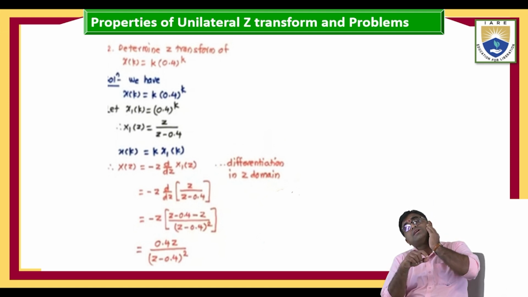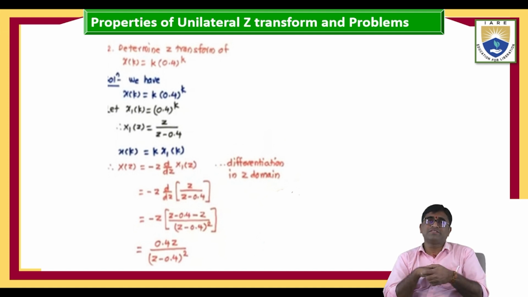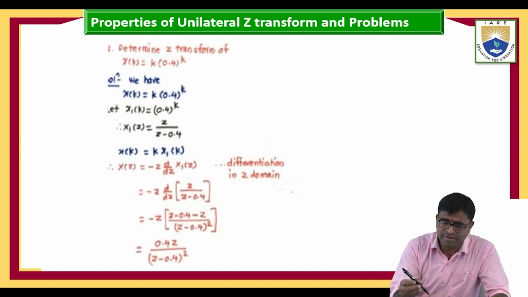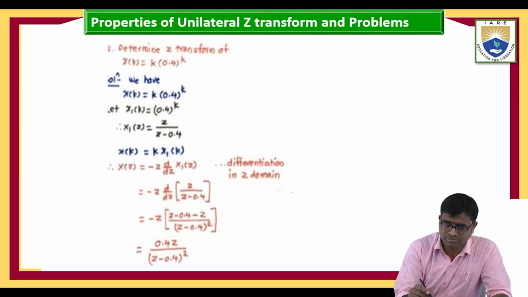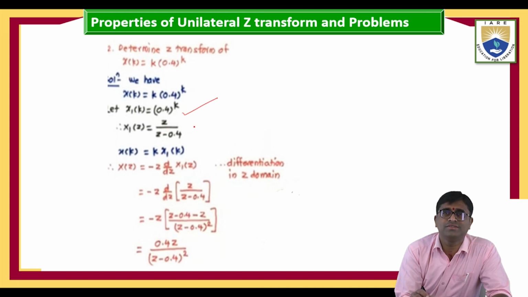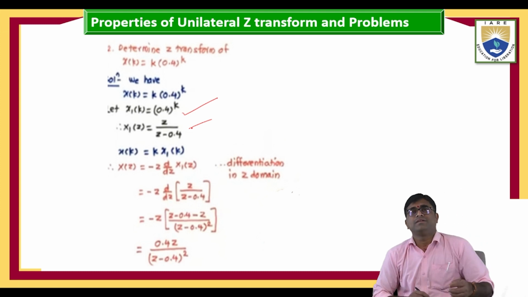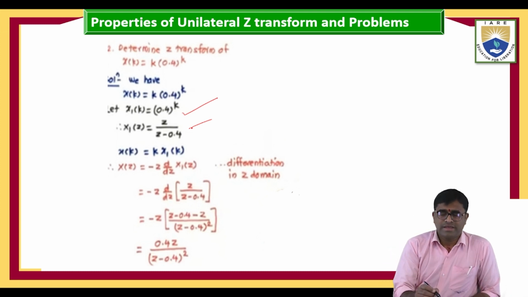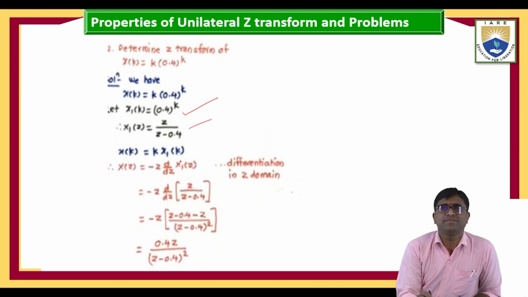As explained in the previous formula, x1 of z equals z by z minus 0.5. So the given function is x of k equals k into x1 of k, so X of z equals minus z into d by dz of X1 of z.